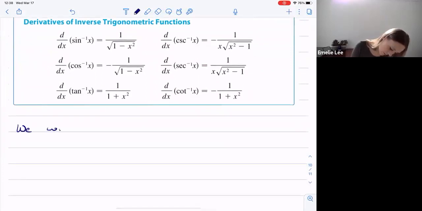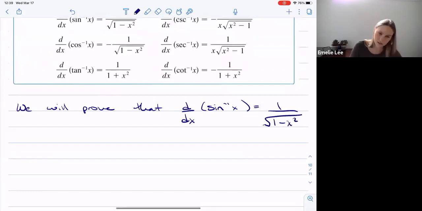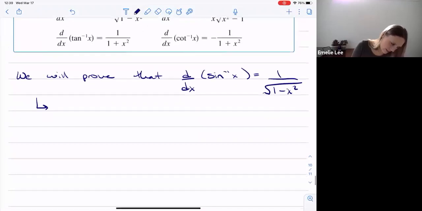So we will prove that d dx of sine inverse of x equals 1 over the root of 1 minus x squared. Yeah. So we'll prove that one. And then I'll do a little follow up here.